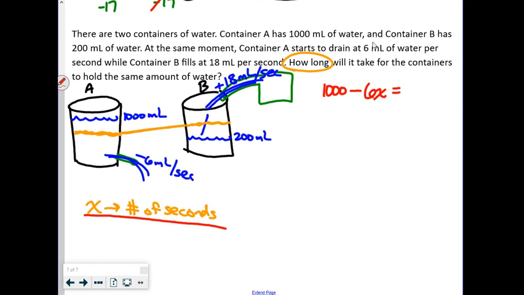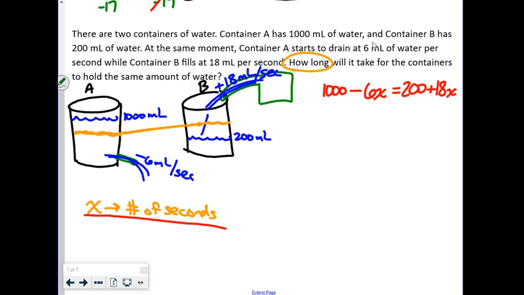And that's going to be equal to 200, the starting spot for B, but we're adding on 18 milliliters per second. So adding on 18 times X. And here we go. Now we've got an equation. We can solve for X. We've got variables on both sides again.